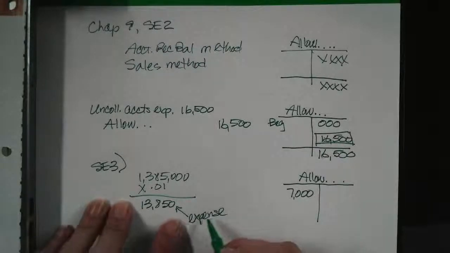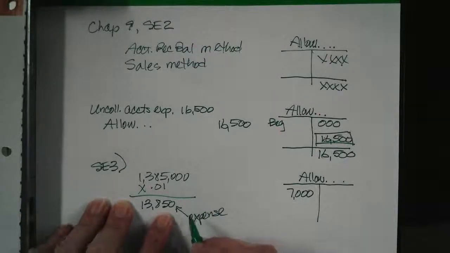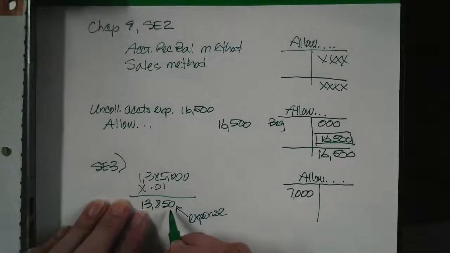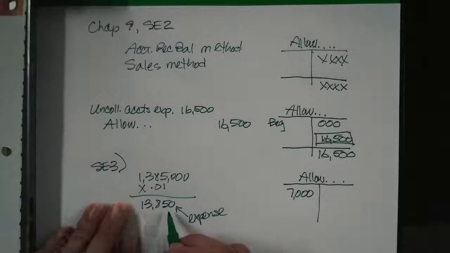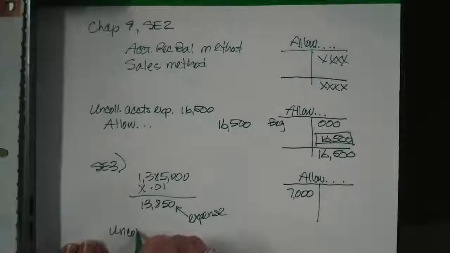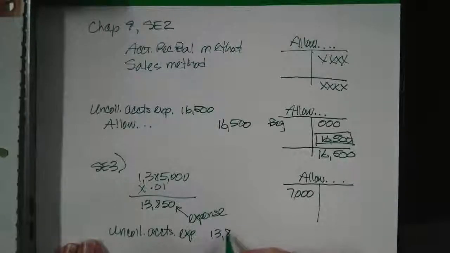We're basing the expense on the amount of sales. So no matter what is in the allowance account, we are going to book $13,850 in expense. So we're going to debit uncollectible accounts expense for $13,850, and credit the allowance for uncollectible accounts for $13,850.